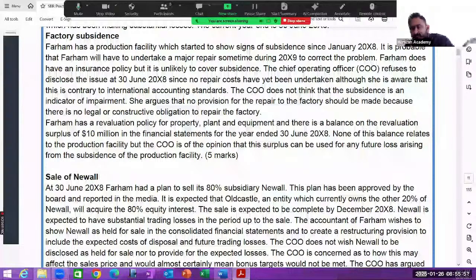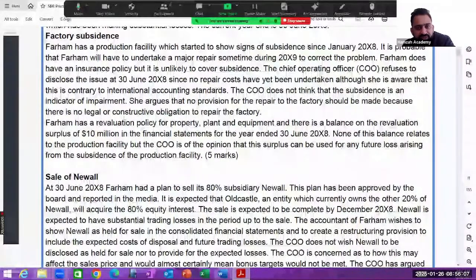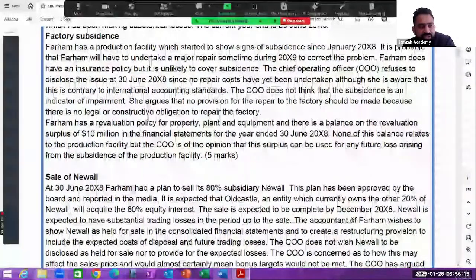Number 2, IAS 37. Now, the CEO's opinion that no provision for repair should be made, in that regard, she is right, because IAS 37 prohibits recording a provision for future operating costs like repair expenses. Because there is no present obligation, there is no obligation to record the repair expense provision.